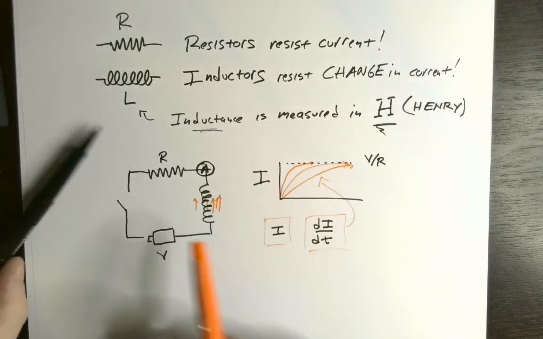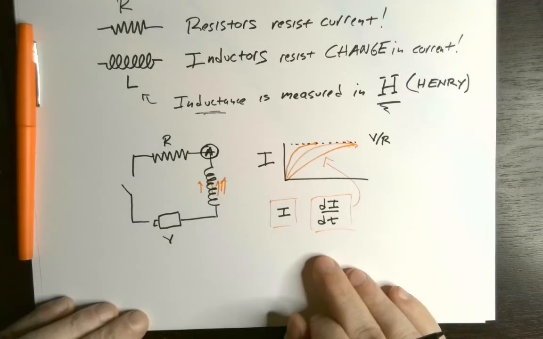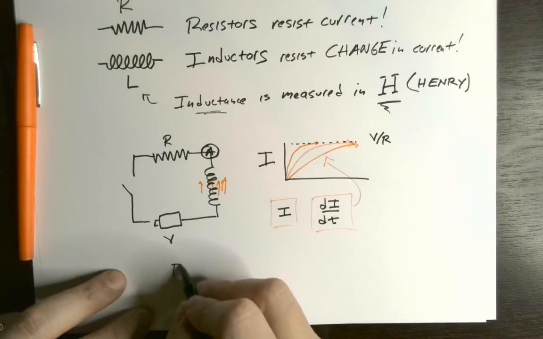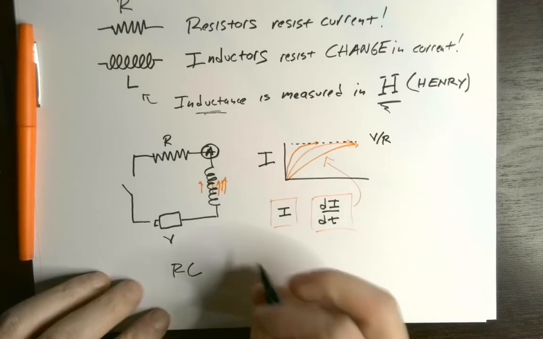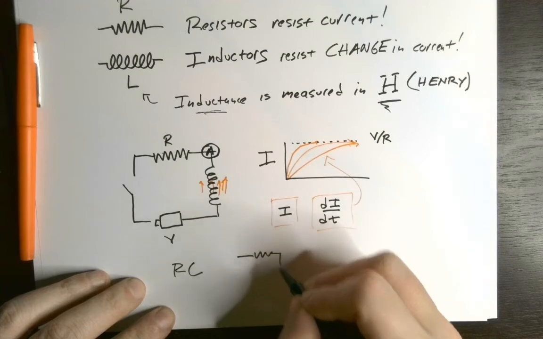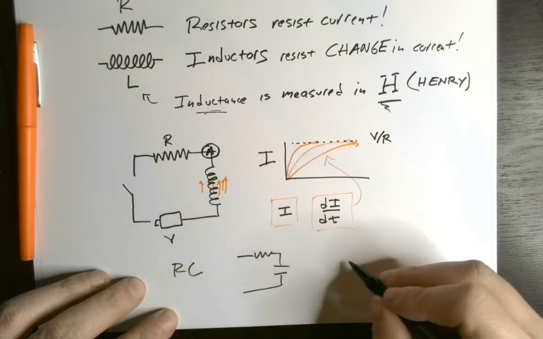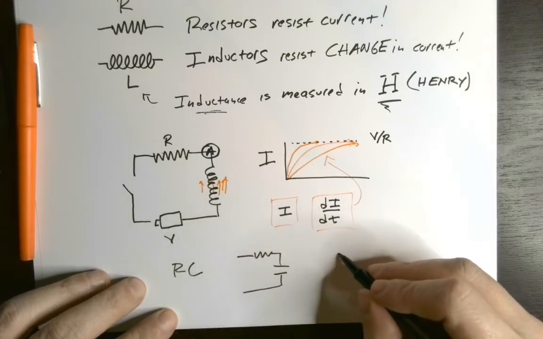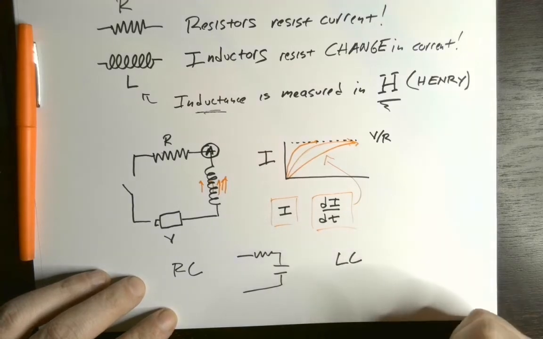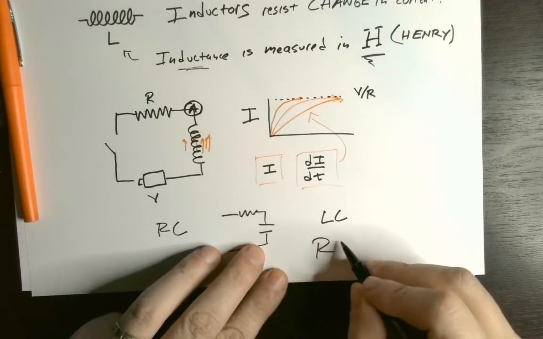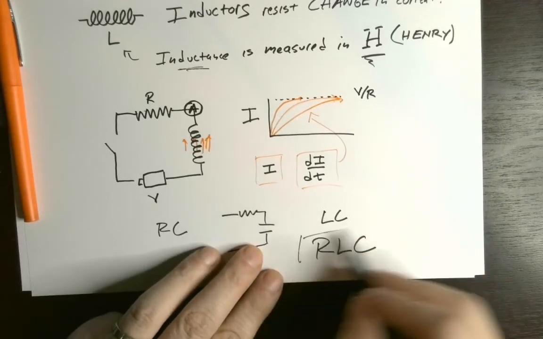So what we're going to look at next week are circuits that have resistors and capacitors, circuits that have resistors and inductors, or inductors and capacitors, and circuits that have resistors, inductors, and capacitors all together.